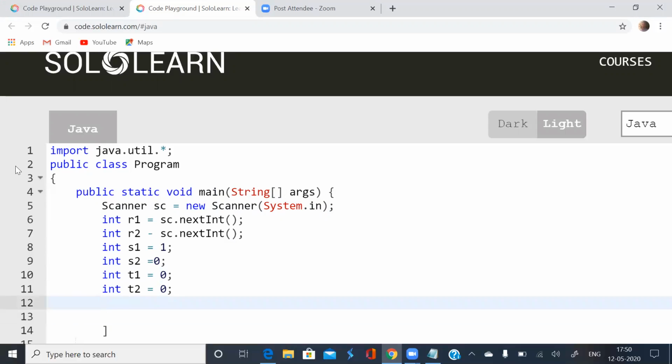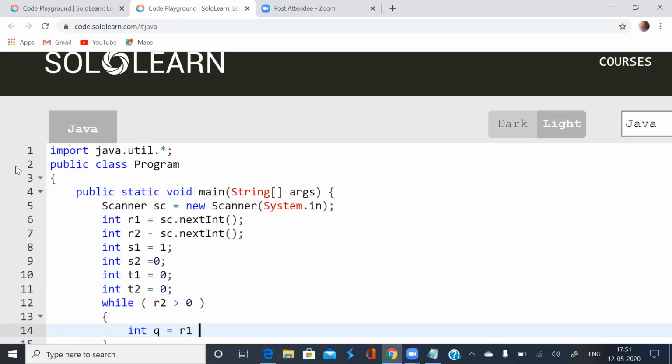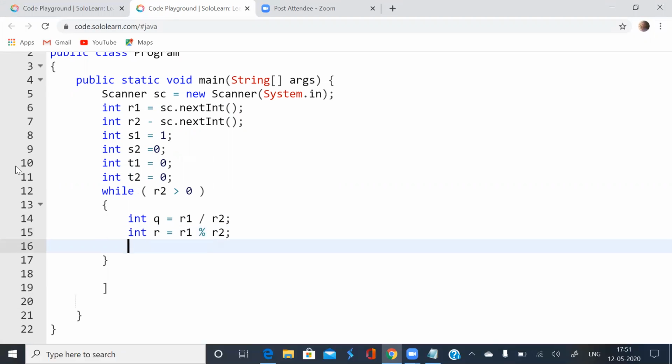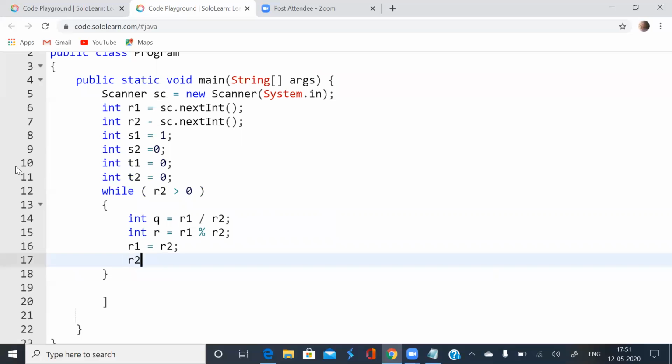Now, while this B, that is R2, is greater than 0, find out quotient. What is quotient? R1 by R2 is quotient. Next, find remainder. What is remainder? R1 modulus R2. For next iteration, R1 is R2 and R2 is R.